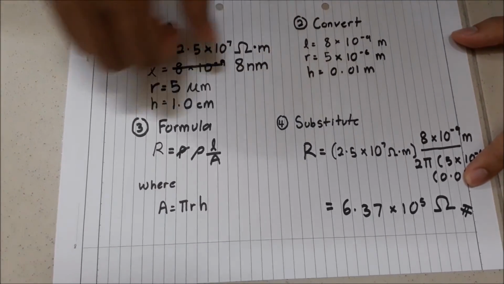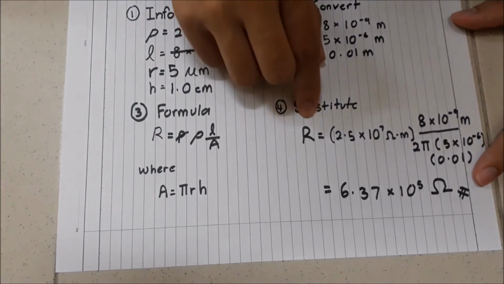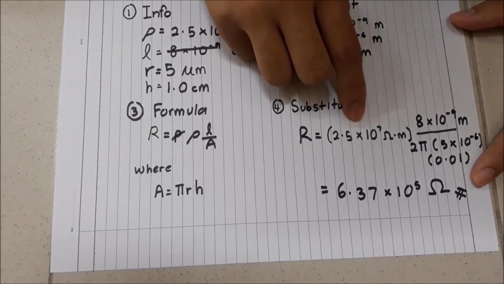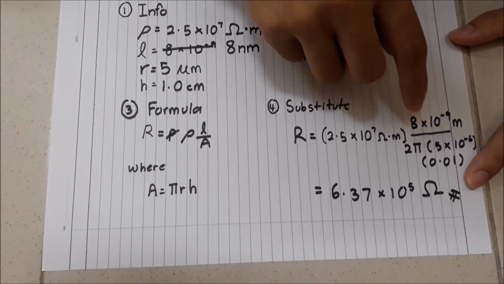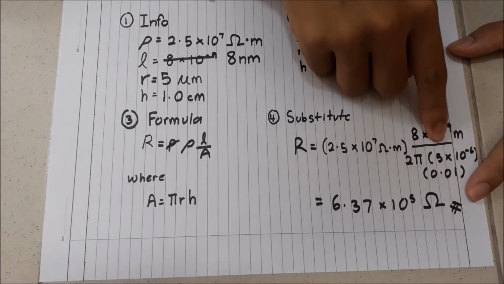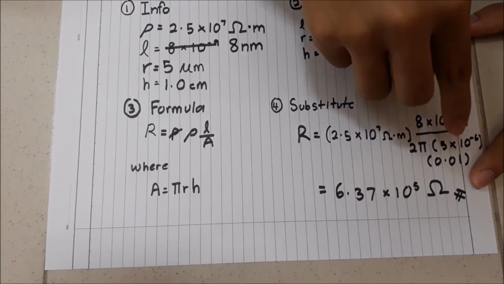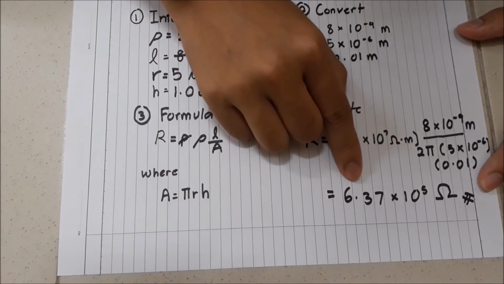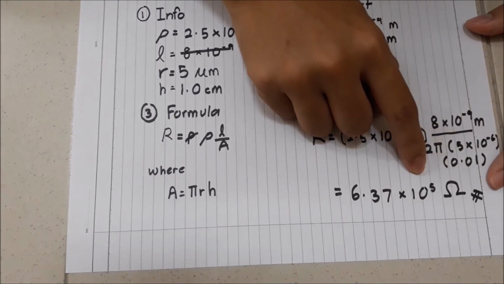Then we just substitute the values into the formula: resistance equals 2.5 exponent 7 times 8 exponent negative 9 over 2 pi times 5 exponent negative 6 times 0.01, and we get the answer 6.37 exponent 5 ohm.